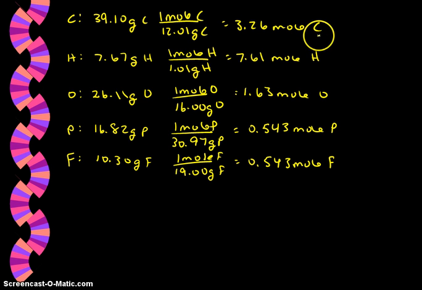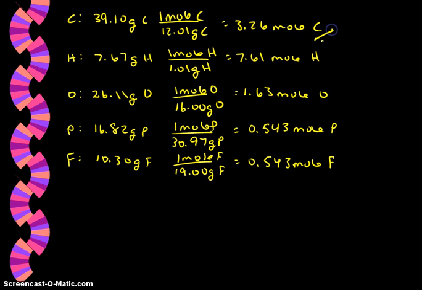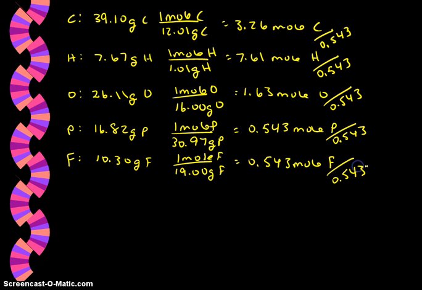Again, those numbers aren't whole numbers, so our next step is going to be to divide by the smallest number. So we're going to divide by 0.543, and we want to keep the ratio the same, so we divide each by 0.543.